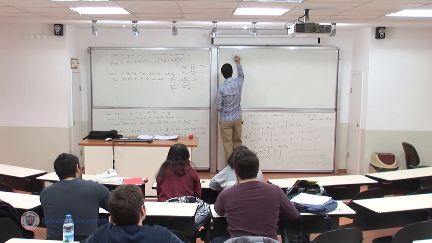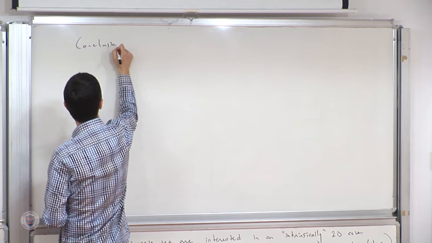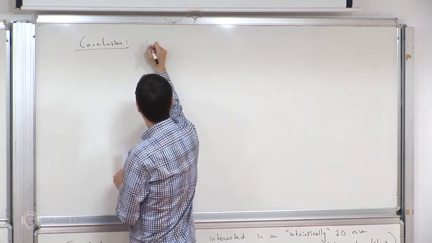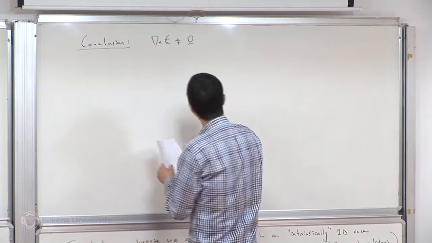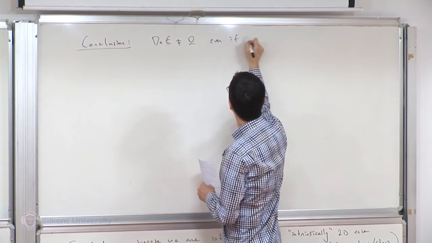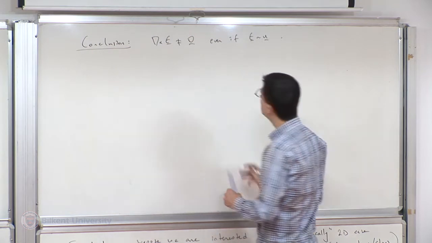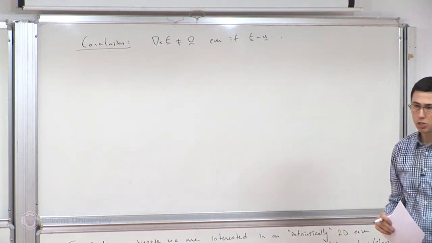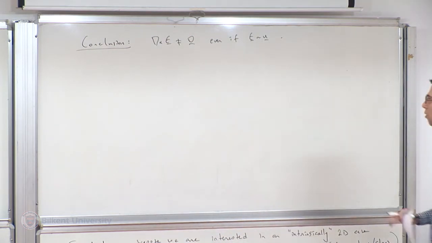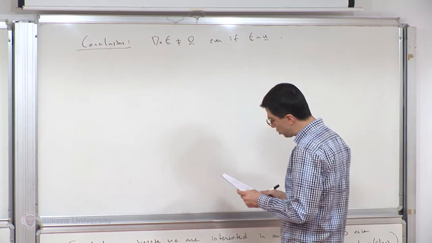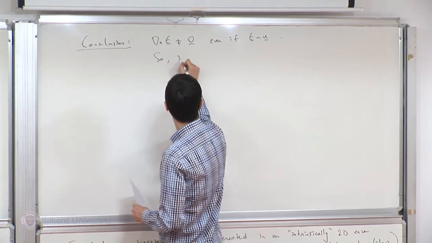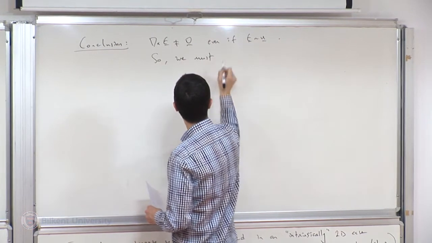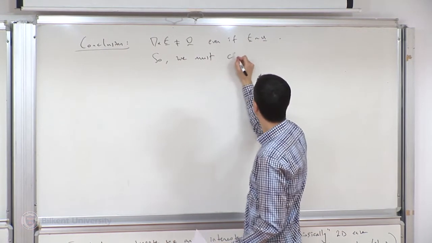So our conclusion is that the curl of epsilon is not equal to 0, even if there exists a displacement field from which the strain comes. So to check compatibility, you should not be checking curl of epsilon equals 0. We must check something else.